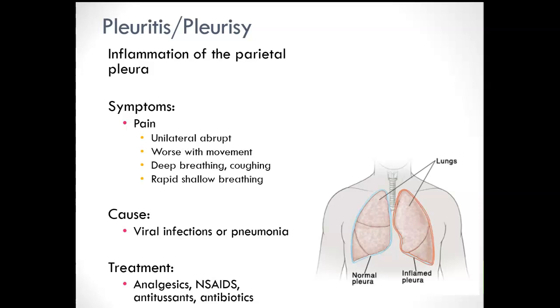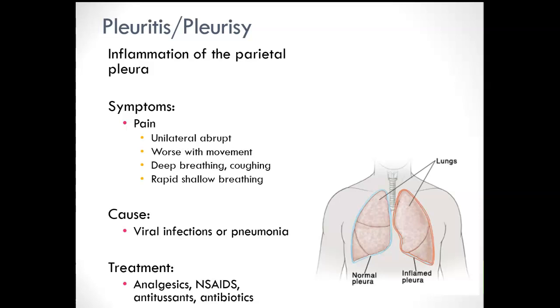Pleuritis or pleurisy, like I said, incredibly painful, and I have actually given patients opioids, which you have to be careful with, again, because we have an issue there. But giving them an anti-inflammatory is really helpful.